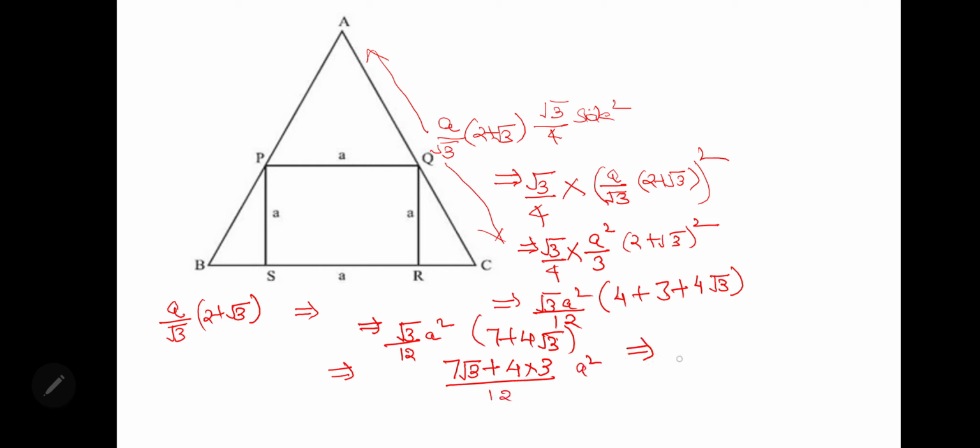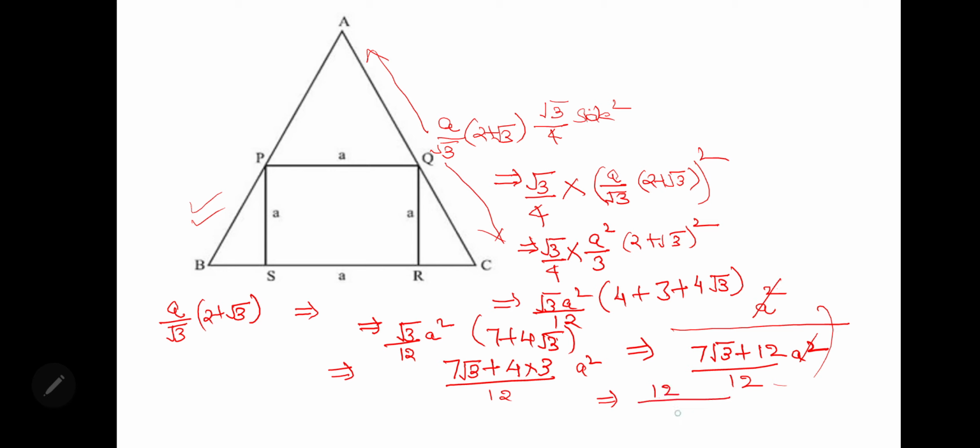So my final outcome is that this is the area of the equilateral triangle, and I told you in the beginning we need to find the ratio, and we know the area of the square. This will get cancelled, this will go up. So the final answer is 12 by 7 root 3 plus 12.